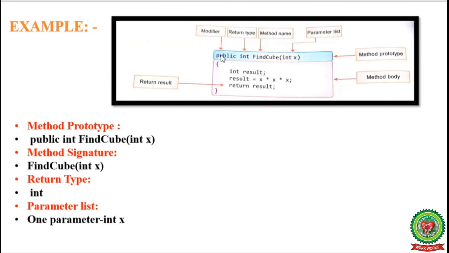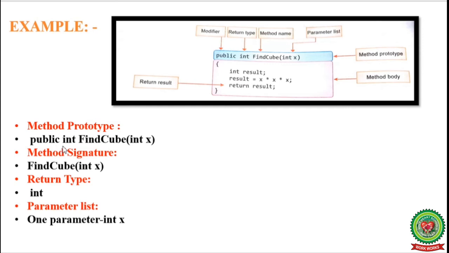Next example is public int findCube(int x). Then in brackets: int result equals x multiply x multiply x, return result. So here public is a modifier, int is the return type, findCube is the method name, and int x is the parameter list.